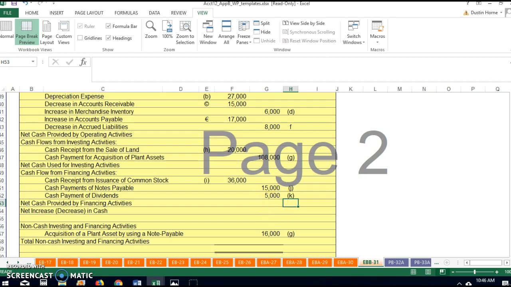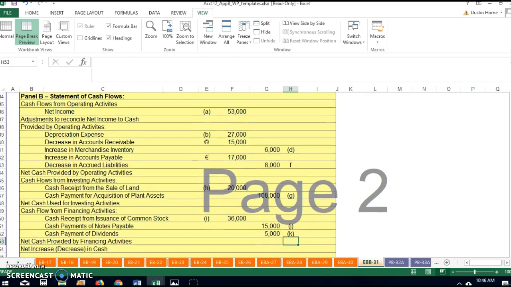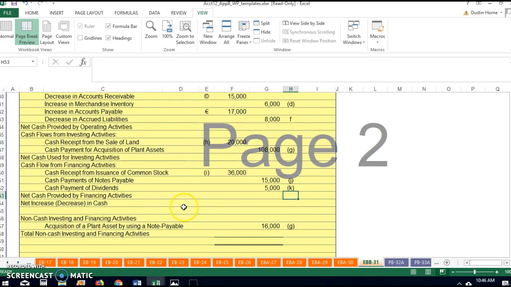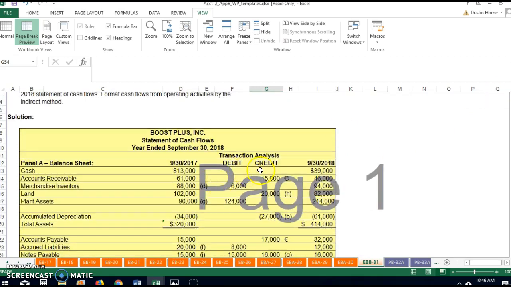Okay, so I want to go through and double check and make sure that I have everything on here. I have my net income and all of these. Okay, and then I have to figure out my net increase in cash. Now, we need to fix that up here. This is where I want to do my net increase in cash.